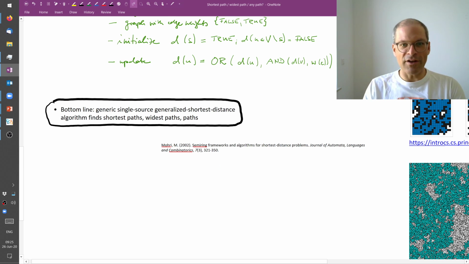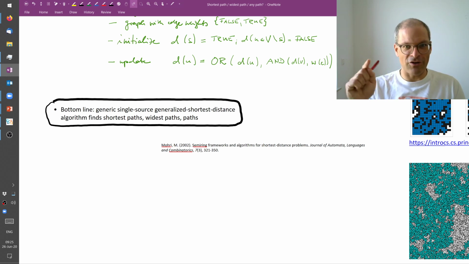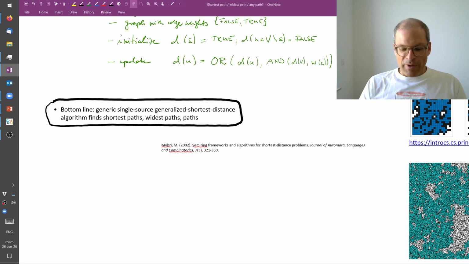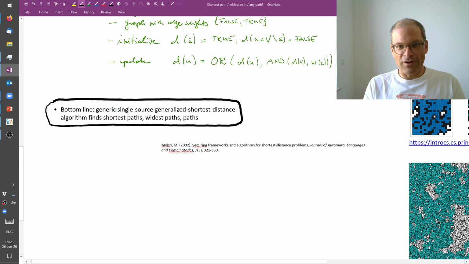A generic single source, I call this generalized shortest distances, because these are various notions of shortest distances. A single source generalized shortest distance algorithm finds the shortest path, the widest path, paths at all, and actually a few more. And a nice paper studying this algorithm and its complexity is the one that I cite here by Mohri. So this is all great.